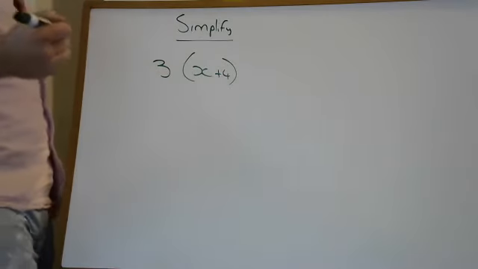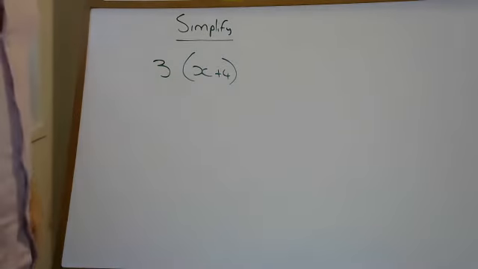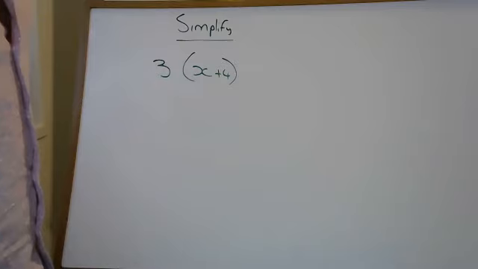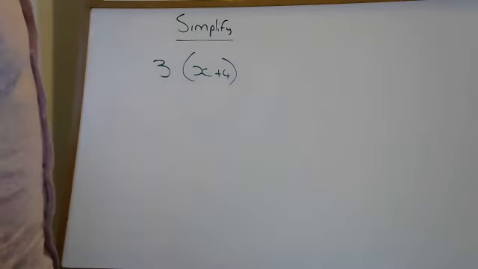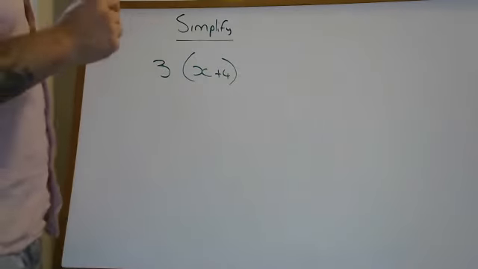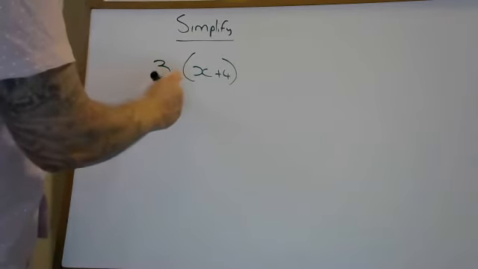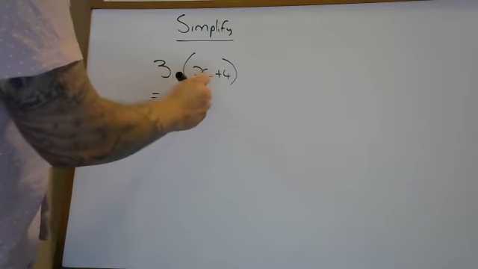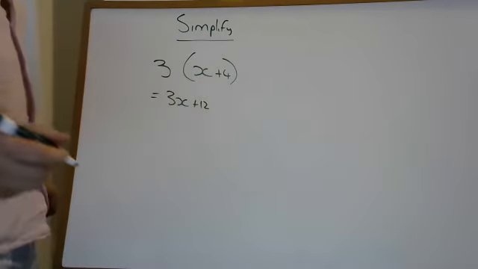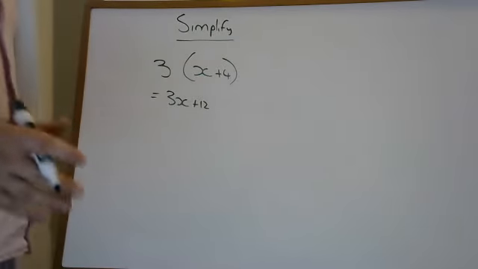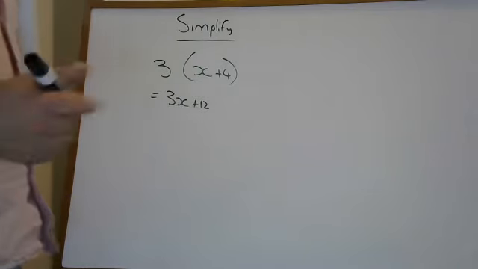Simplify means to get rid of the bracket. So 3x plus 12, very good. I'm just going to give a couple of examples for each concept that we're going to go through.